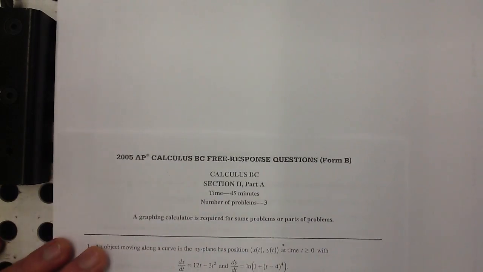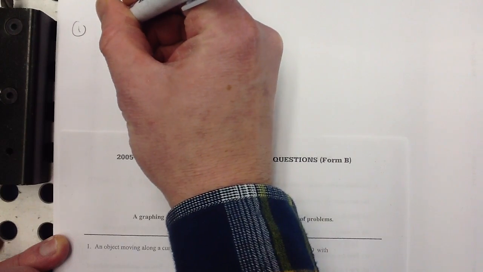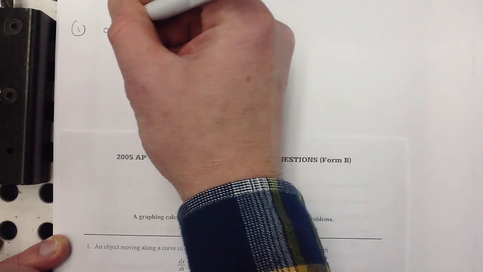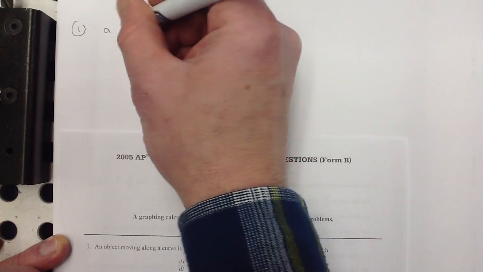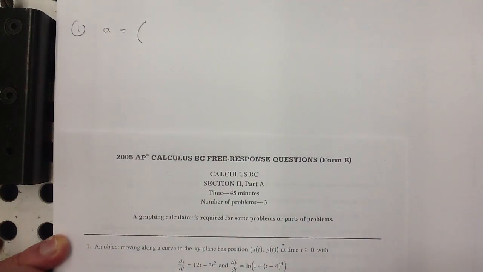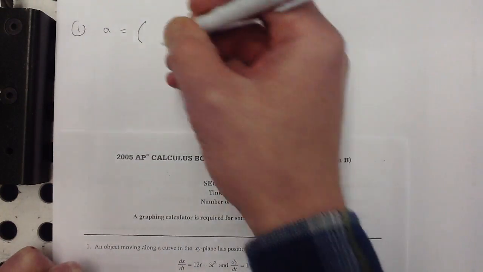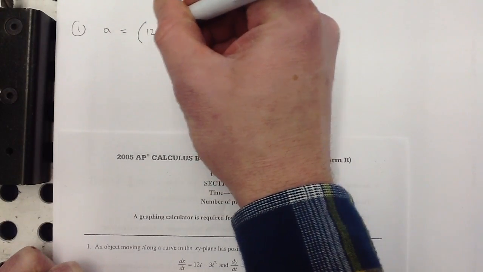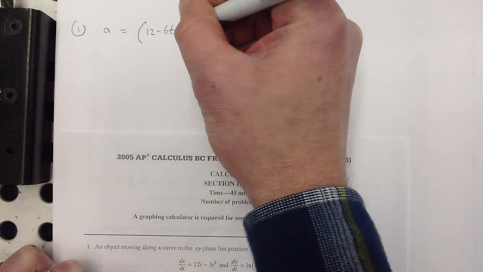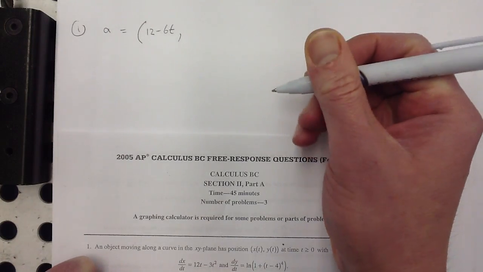All right, so the acceleration vector would be equal to the derivative. The x coordinate would be 12 minus 6t, right? And that's the derivative of the velocity function, the second derivative of x.